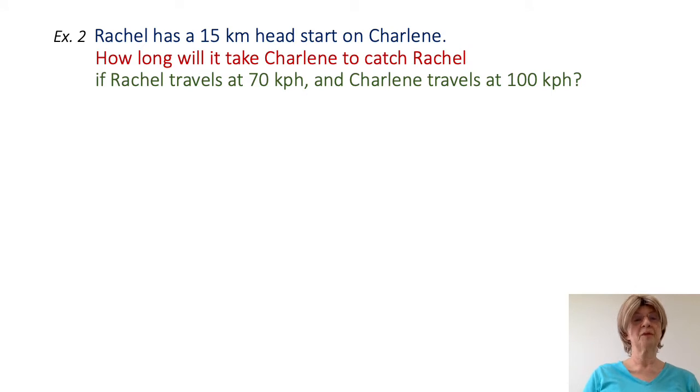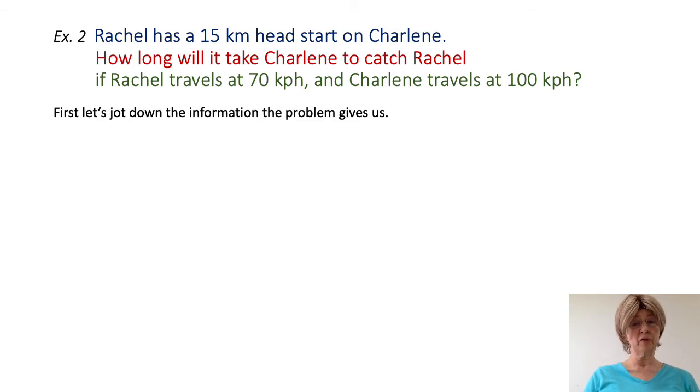Example 2. Rachel has a 15-kilometer head start on Charlene. How long will it take Charlene to catch Rachel if Rachel travels at 70 kph and Charlene travels at 100 kph? First, let's jot down the information the problem gives us.